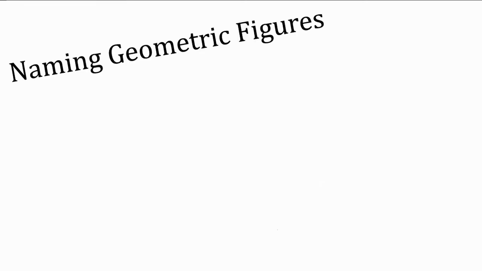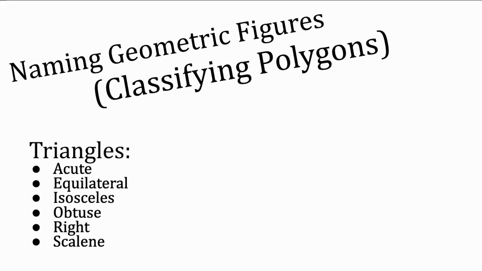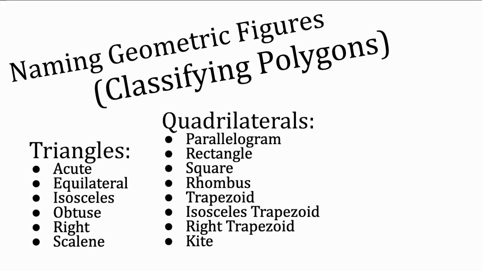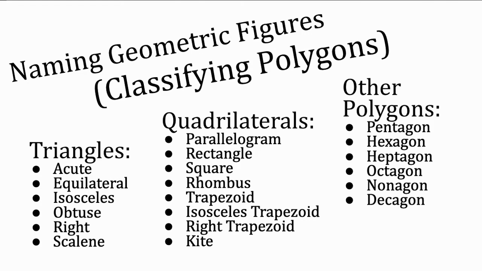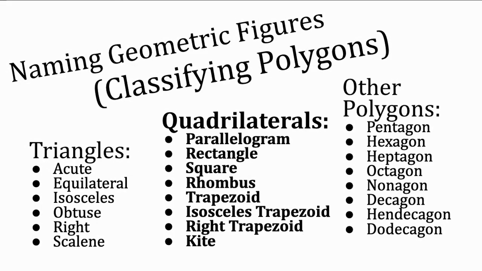We've got lots of names for geometric figures. Here's just a few, or 22. There's triangles that can be acute, equilateral, isosceles, obtuse, right, scalene. There's the quadrilaterals: parallelogram, rectangle, square, rhombus, trapezoid.